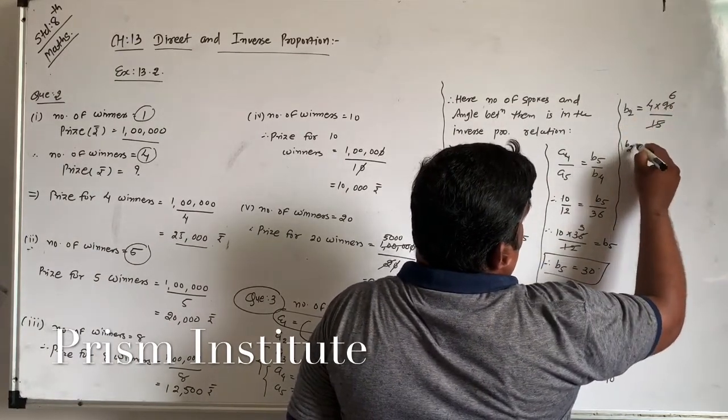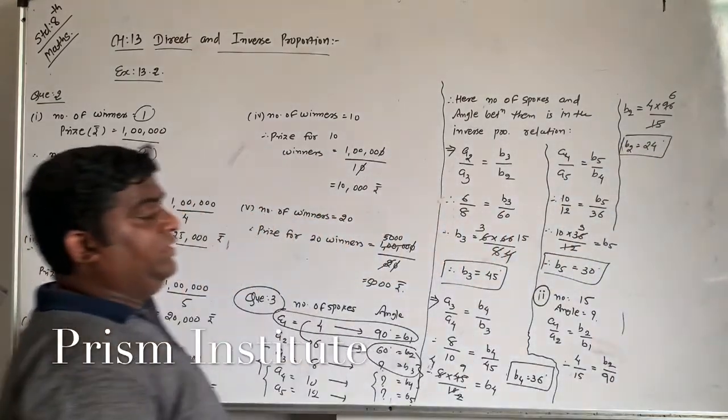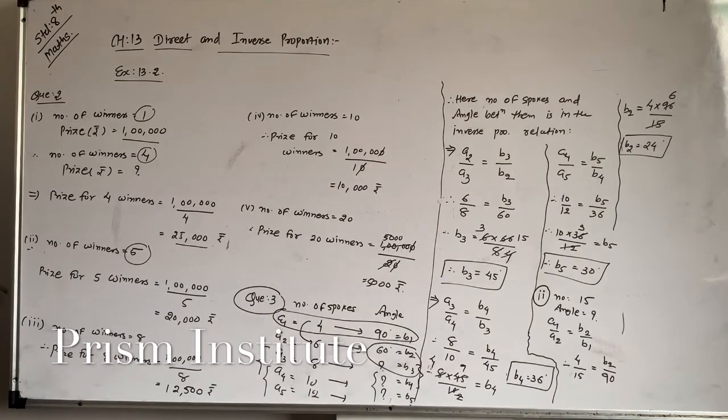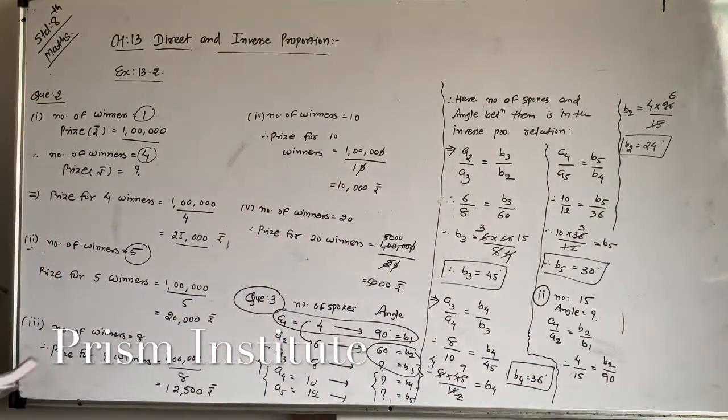So B2 equals 24 degrees. So whenever 15 spokes are used, the angle between consecutive spokes is 24 degrees.